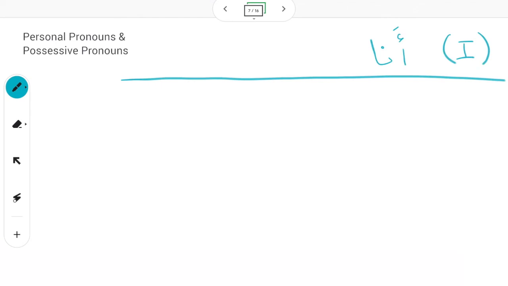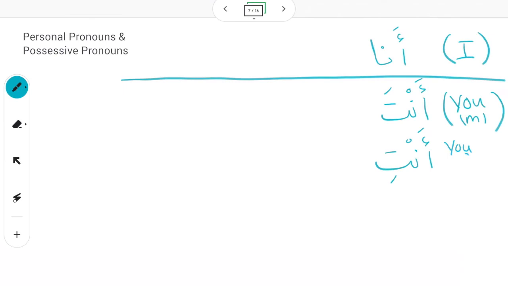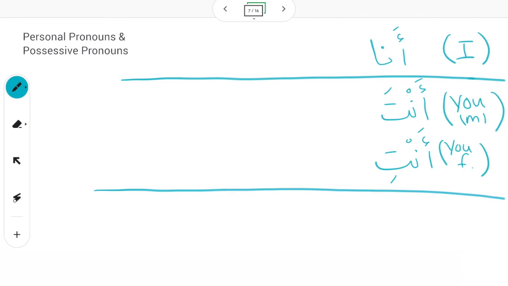Okay. Then we have second person, which is anta, you, masculine, and anti, which is you, feminine. That's second person when you're talking to someone.